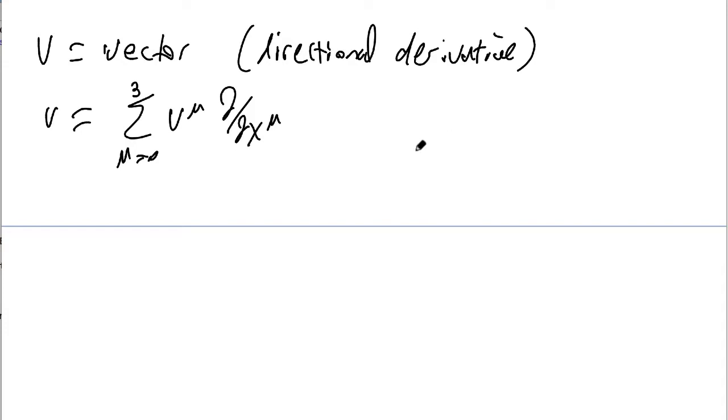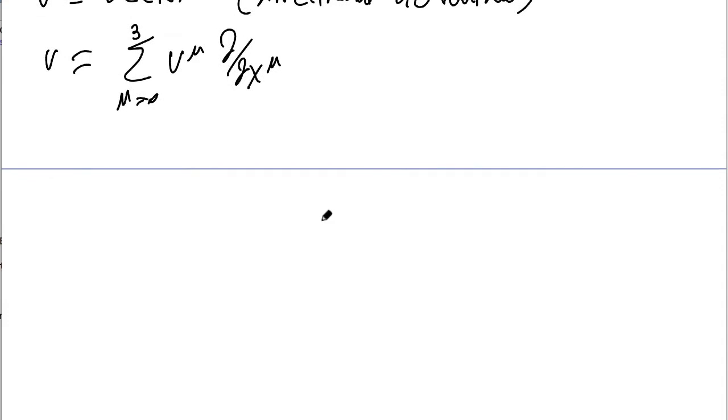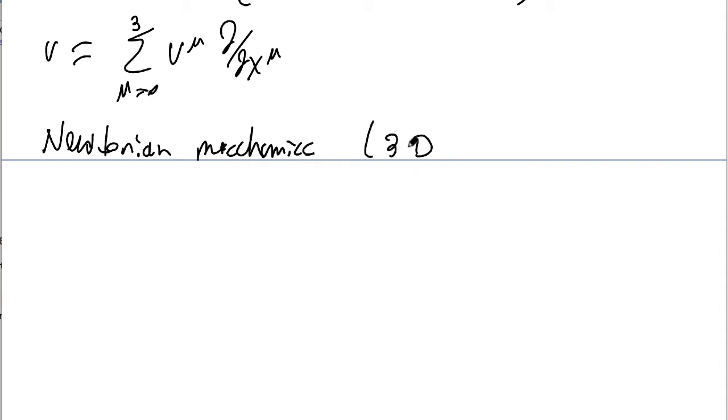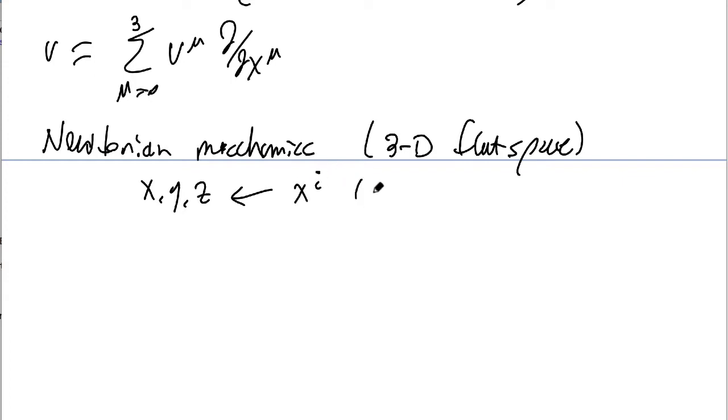Now we can define vectors this way for any space or space-time. So in particular, if we look at the three-dimensional Euclidean space of Newtonian mechanics, so that takes place in three-dimensional flat space. And let's define the Cartesian coordinates to be x, y, z, or x i, where i ranges over 1, 2, and 3.